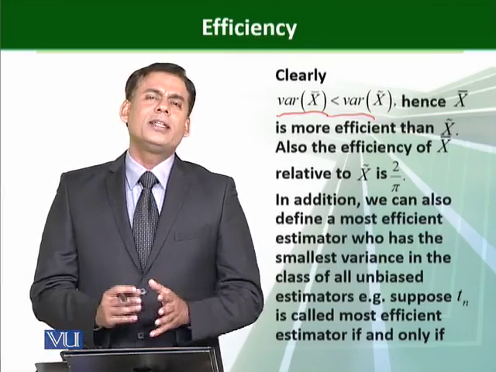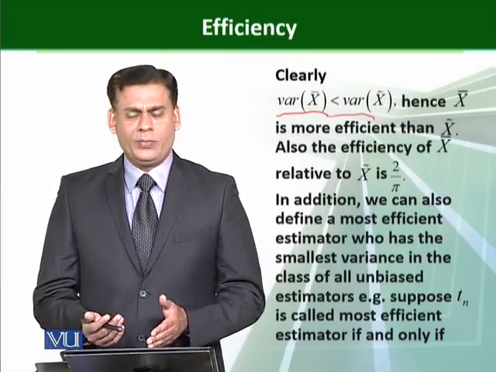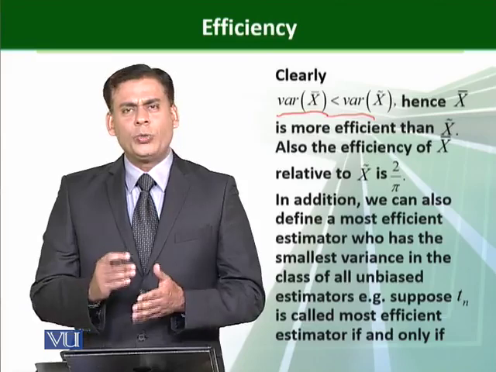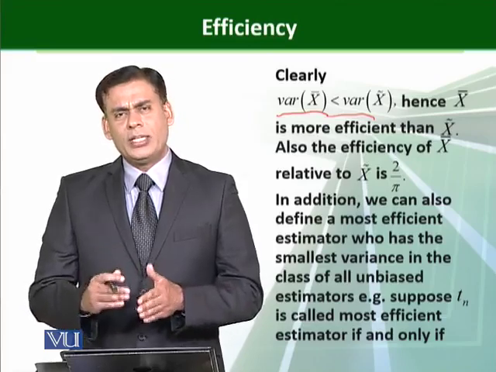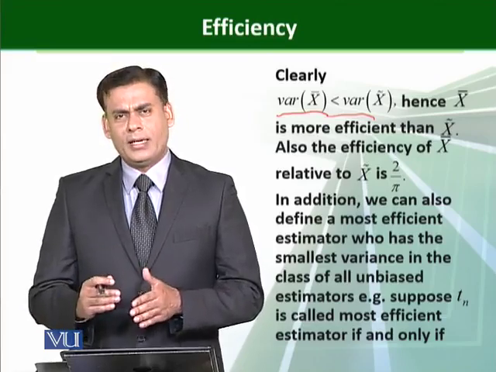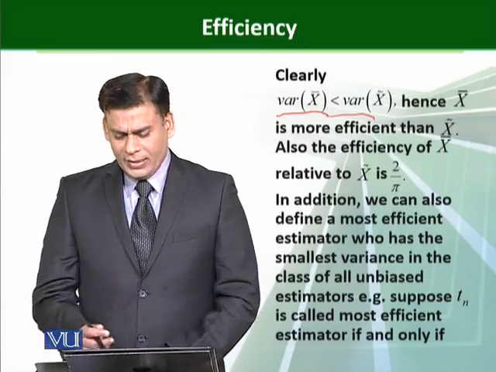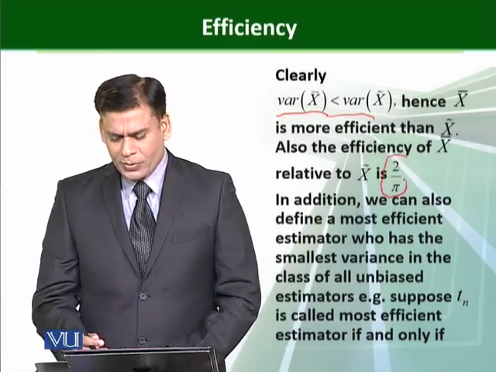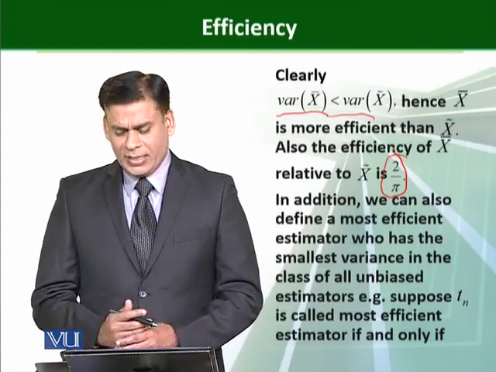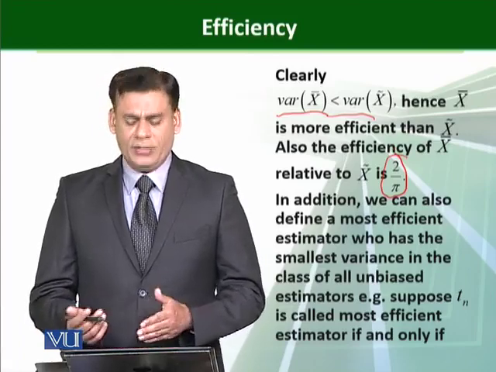And we can also measure the amount of efficiency. When we divide them, variance of x bar over variance of median, we find the amount, which is 2 over pi. That basically gives the amount of efficiency.